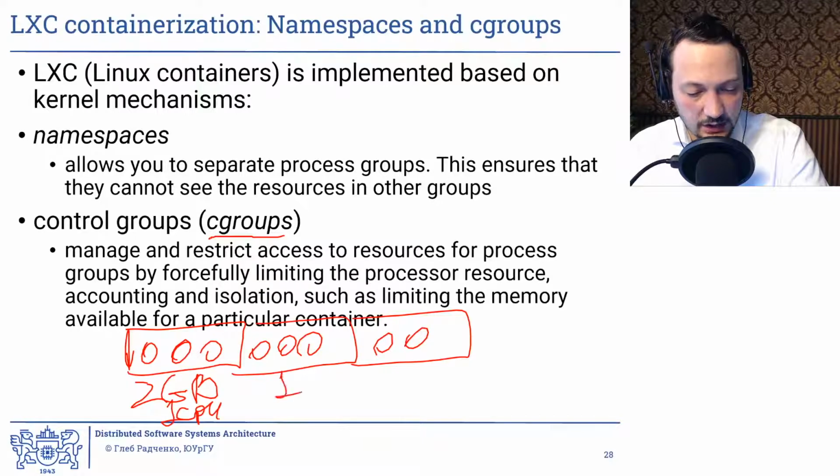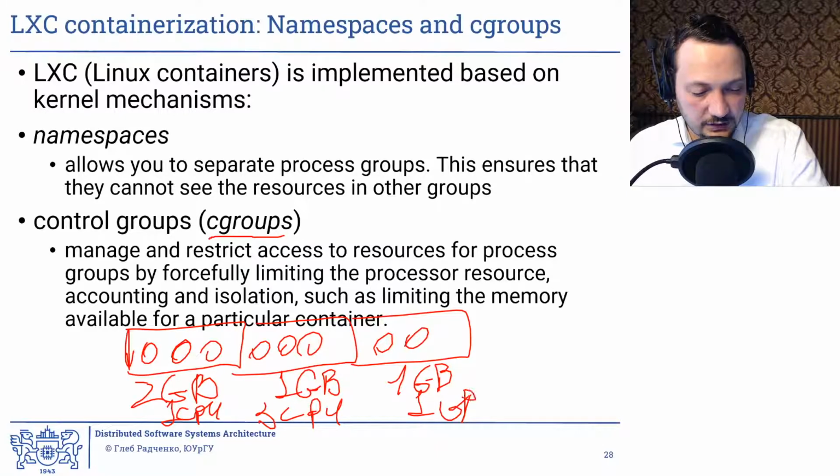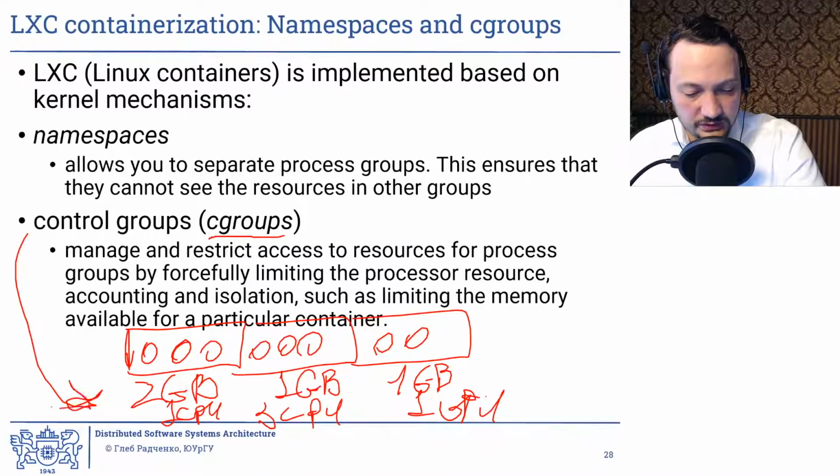You have 1 gigabyte of RAM and you have 3 CPUs. And you have 4 gigabytes of RAM and you have 1 CPU. So this is what control groups do.